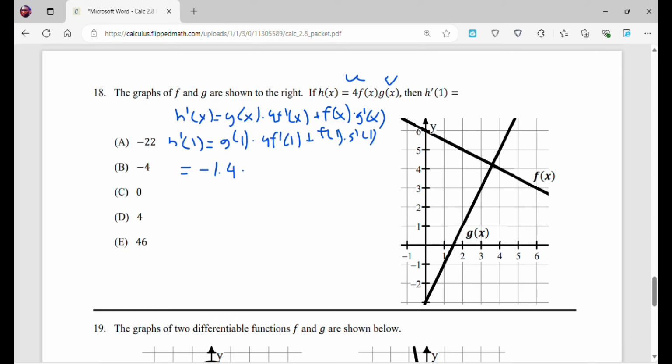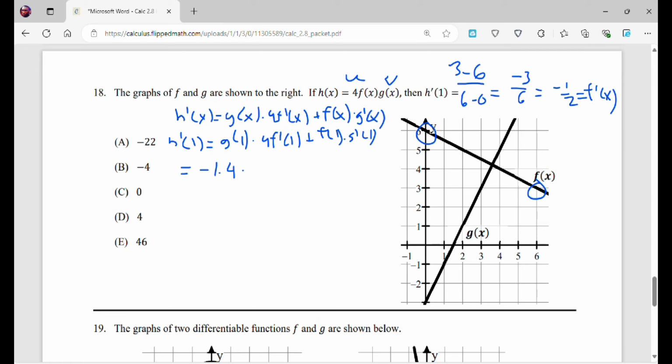Since it's linear, we can easily calculate: y2 minus y1. Let's take this point right here and this point right here. So y2 minus y1, we have 3 minus 6 over 6 minus 0 equals -3 over 6 equals -1/2. That's going to be f prime of x.